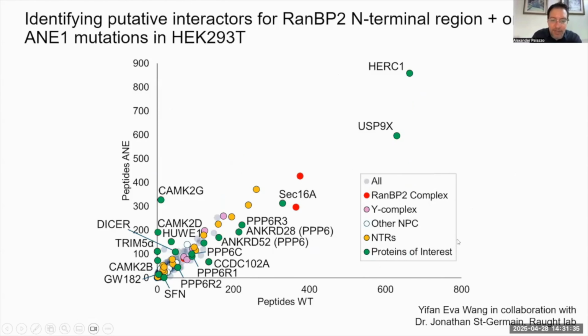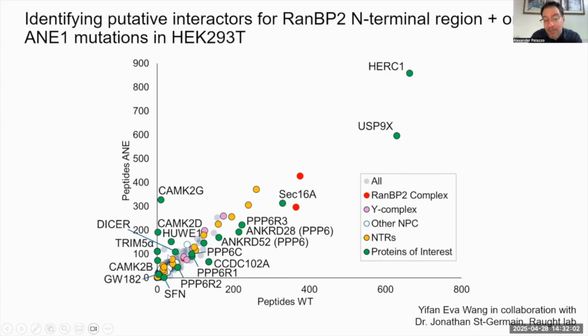And if we focus on how these proteins interact with either the wild type fragment of RanBP2 or the mutant fragment, you could see that most of them fall on this line, saying that they interact with both the wild type and mutant versions identically. But there are some proteins that interact more with the wild type. So these are proteins whose association with RanBP2 may be disrupted by the ANE mutants.